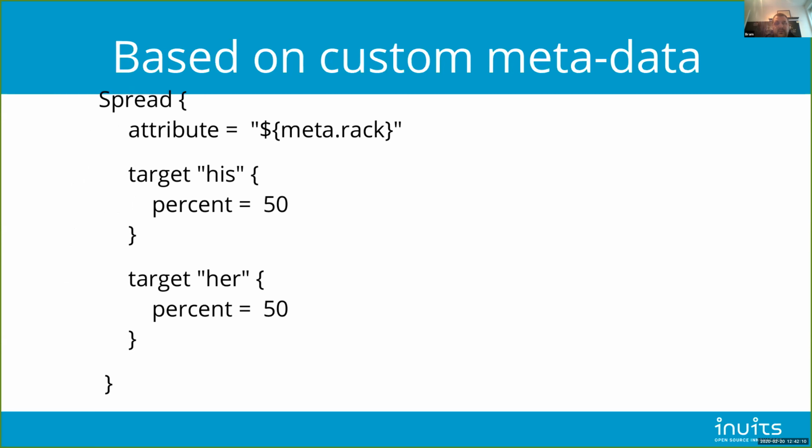And I actually spread the load across those racks. Of course, in my home lab, there's only one power line coming in. So this is purely for experimentation. But if you run a professional data center or multiple data centers, you'll have multiple racks. So this way you can spread across metadata you inject into your clients.